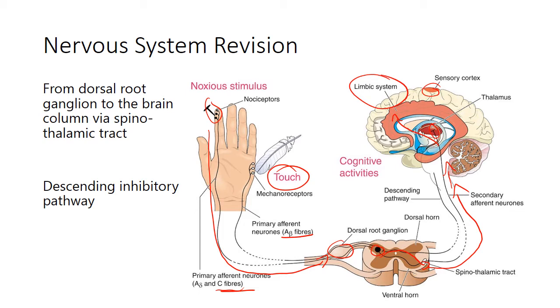So not only are there differences between A delta fibers and C fibers in terms of the speed at which they transmit signals, but also our C fibers have a distinct pathway that allows us to associate emotion with pain, which is why people who suffer pain over a period of time will experience a negative emotional connotation to pain.